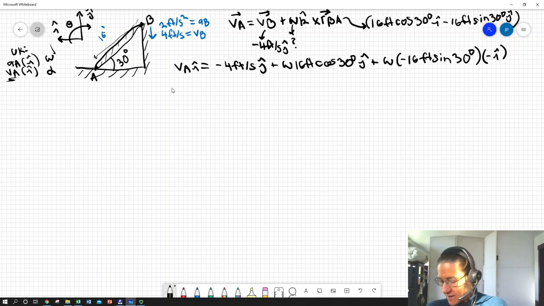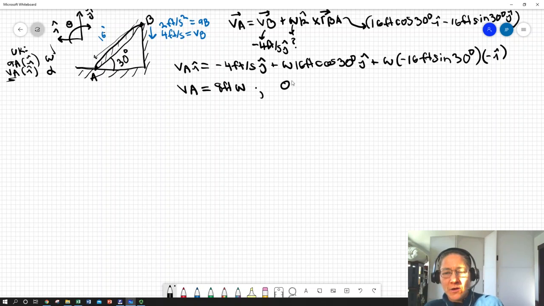So to do that, I just separate components, the different variables. Relating just i hats to i hats, the magnitude of the velocity of A is going to be 8 feet times omega. So I've still got two variables, and then I'm going to use the j hat component of A, which is 0, to solve for omega.